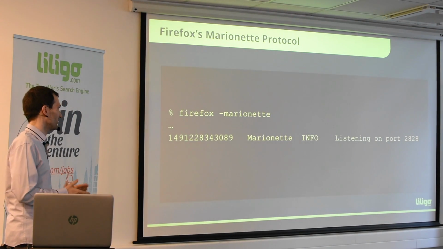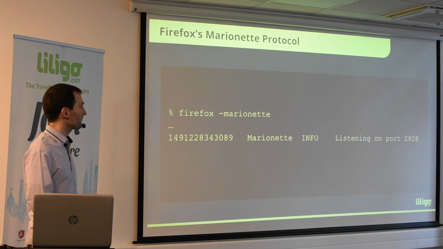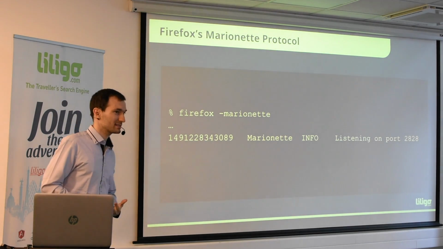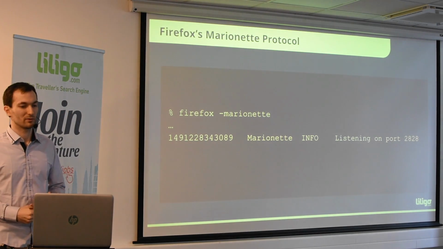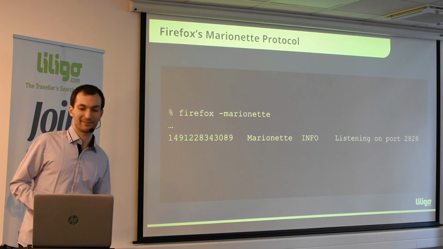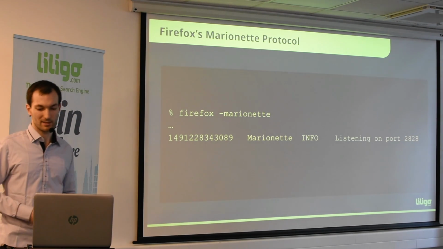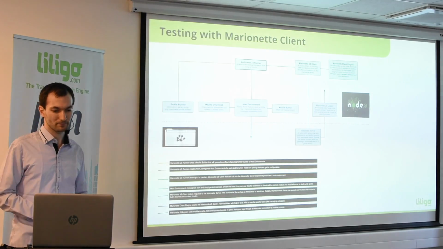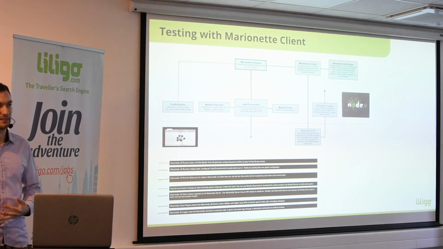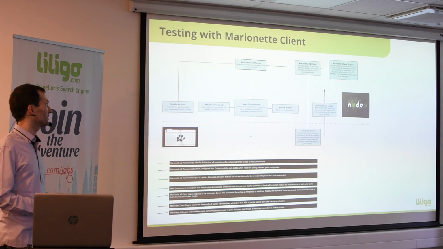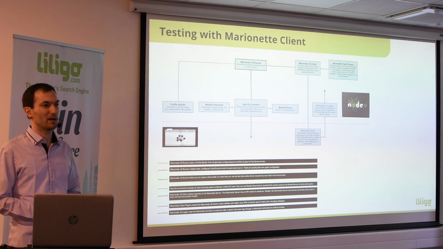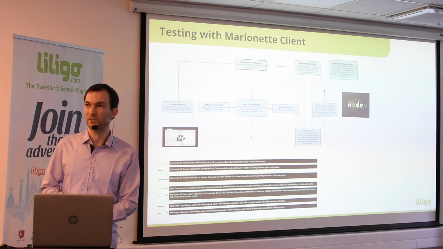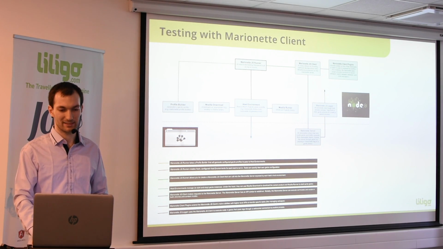You could start up Firefox with the Marionette flag, and that started a server with which you could communicate over the socket and send commands to it. There was also a complete framework built around this client, but the whole project was abandoned in 2016.